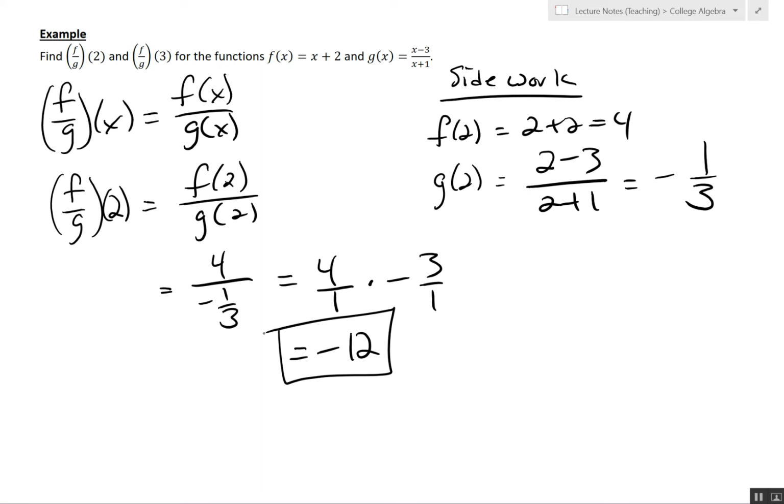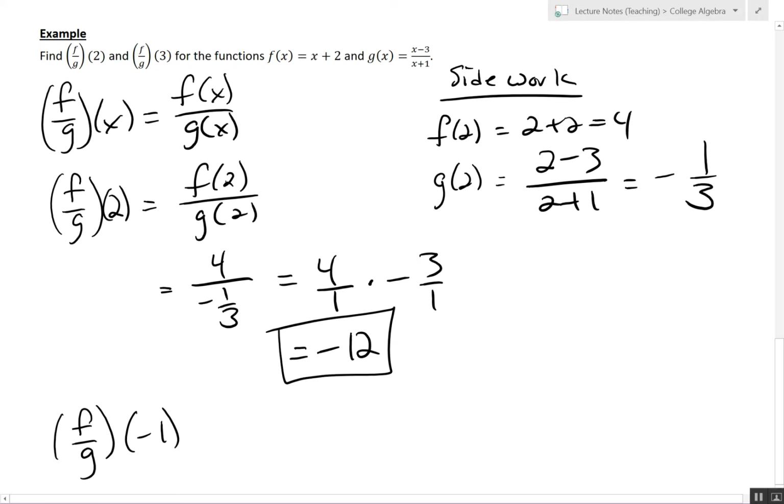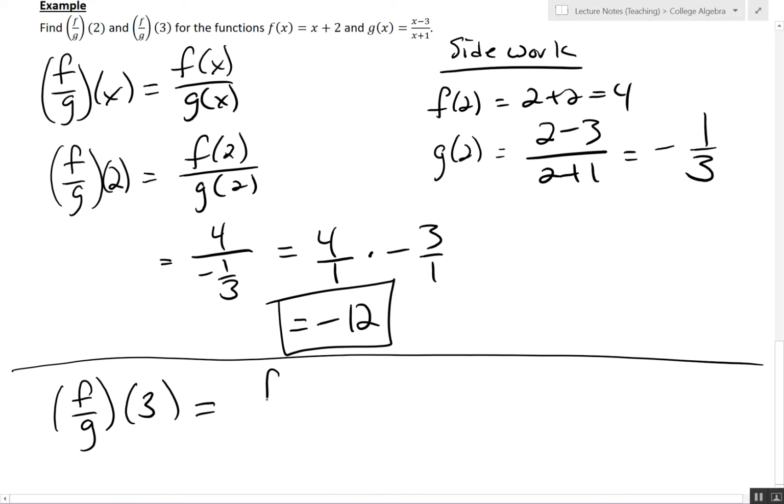So now let's change all this. So we are going to now look at f over g of positive 3, excuse me. So again, this is going to be equal to f of 3 over g of 3. So we need to plug in our values for our side work.